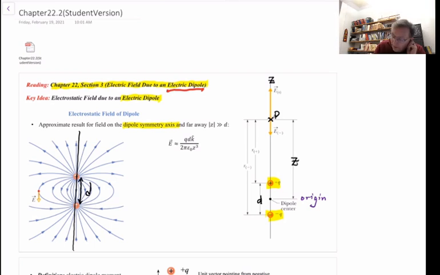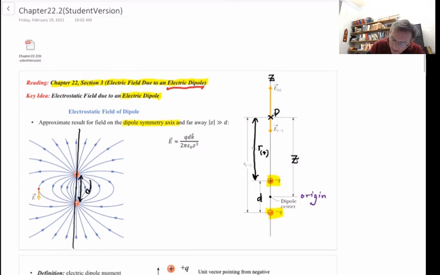Then the distance from the plus charge to point P, right there, this book labels r sub plus. And the distance from the negative charge to point P is that distance, and this book labels that r sub minus.